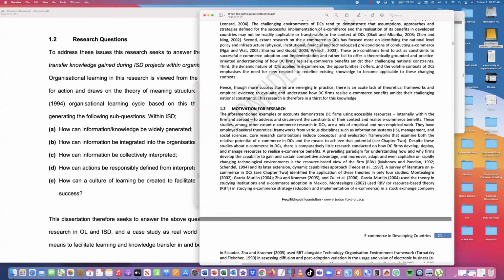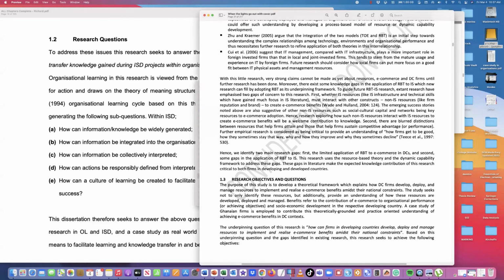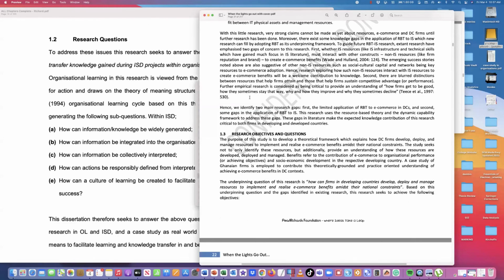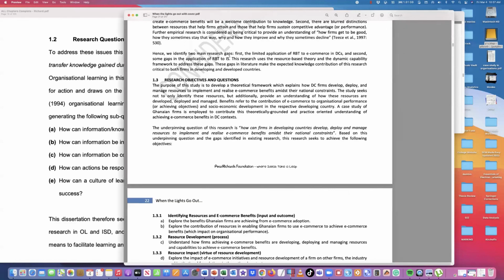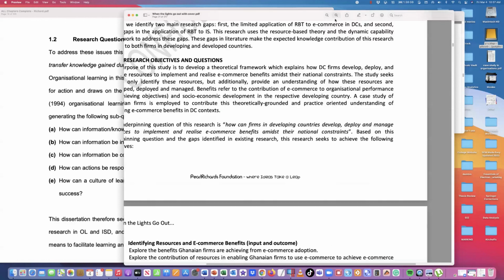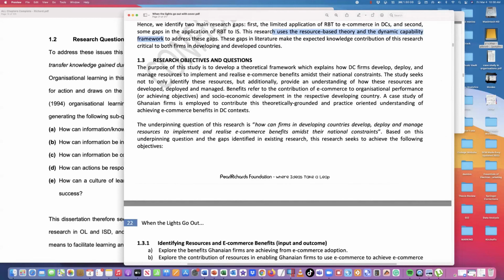When I did my research rationale, I explained why I'm doing the research, and I pointed out that the resource-based theory can inform the study. So listen to what happened here. I want to zoom in a little bit because some people are saying they can't see. Okay, sorry. Good. Now it's better.